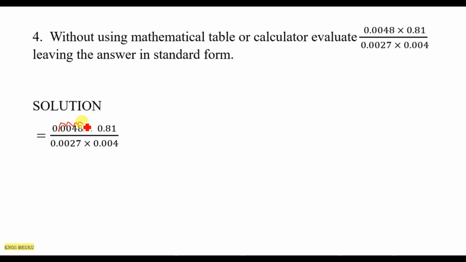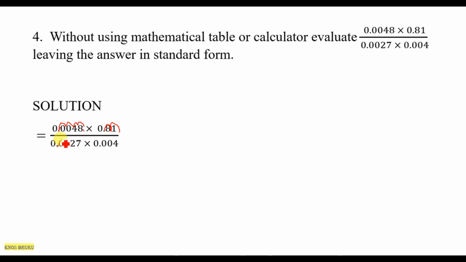Because at the end of the day, if we multiply the 10 raised to the power negative 4 by the 48, we expect to get back our 0.0048. The same thing we'll do to the 81. We'll move the decimal point 1, 2 times.